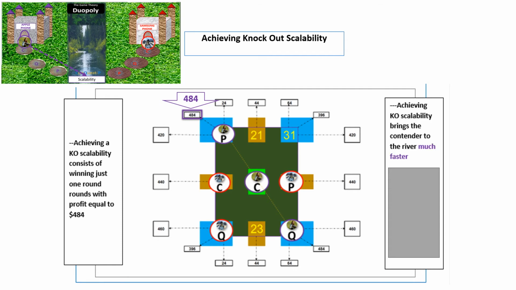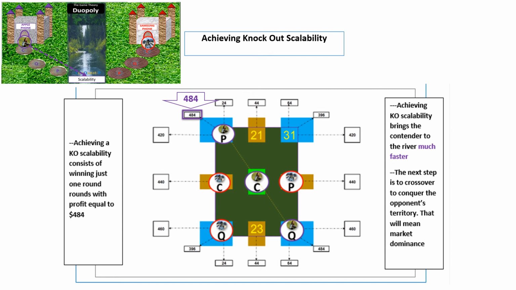Achieving knockout scalability brings the contender to the river much faster, or reach scalability much faster. The next step is to cross over to conquer the opponent's territory. That will mean market dominance.